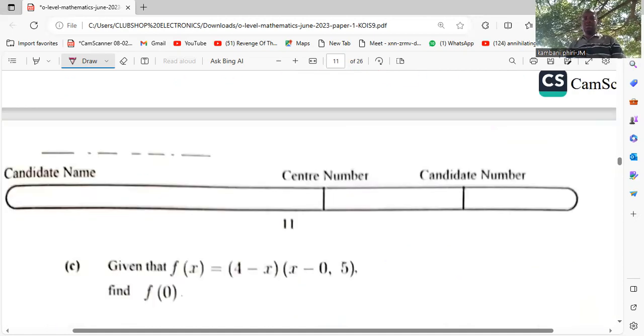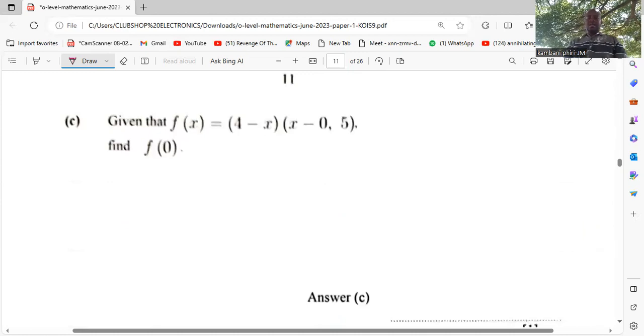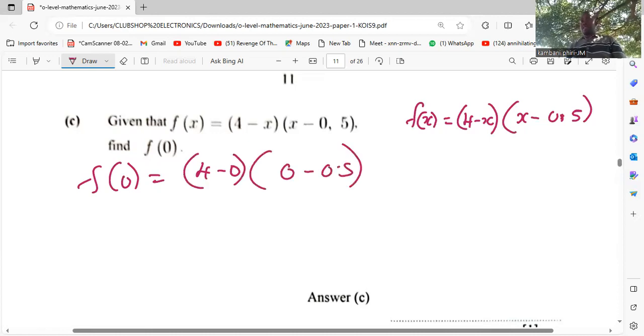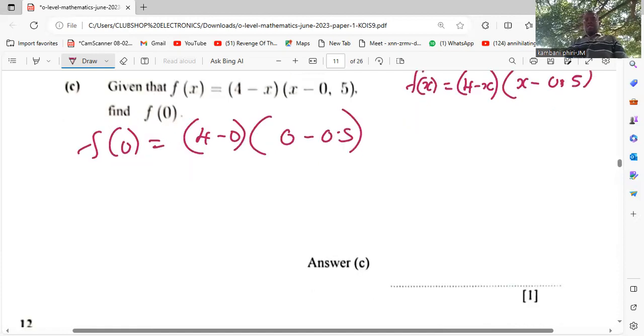The next question. C: given that f of x is equal to 4 minus x over x minus 0.5, or 5 as it is represented in this paper. F of x, so we are substituting. F of 0 will be 4 minus 0, then 0 minus 0.5. So what we get is 4 over negative 0.5.